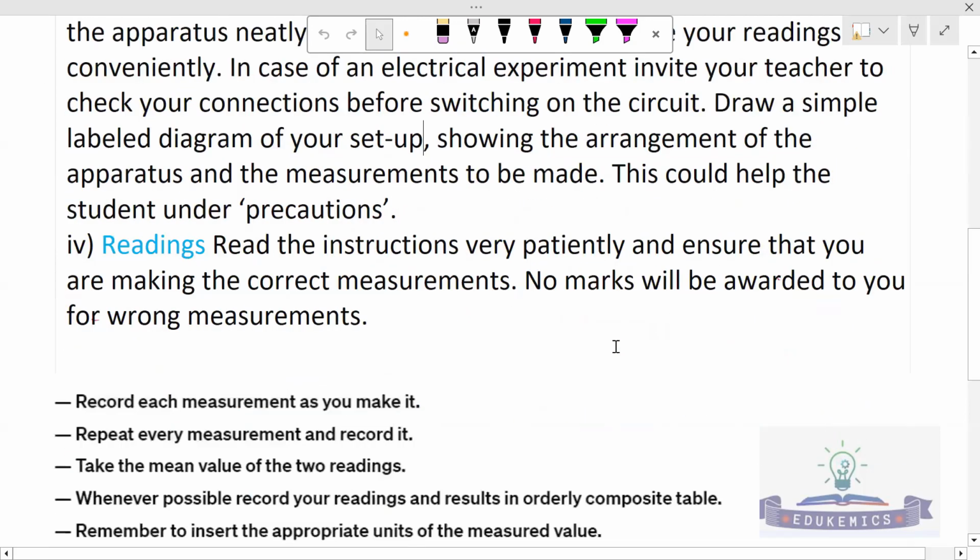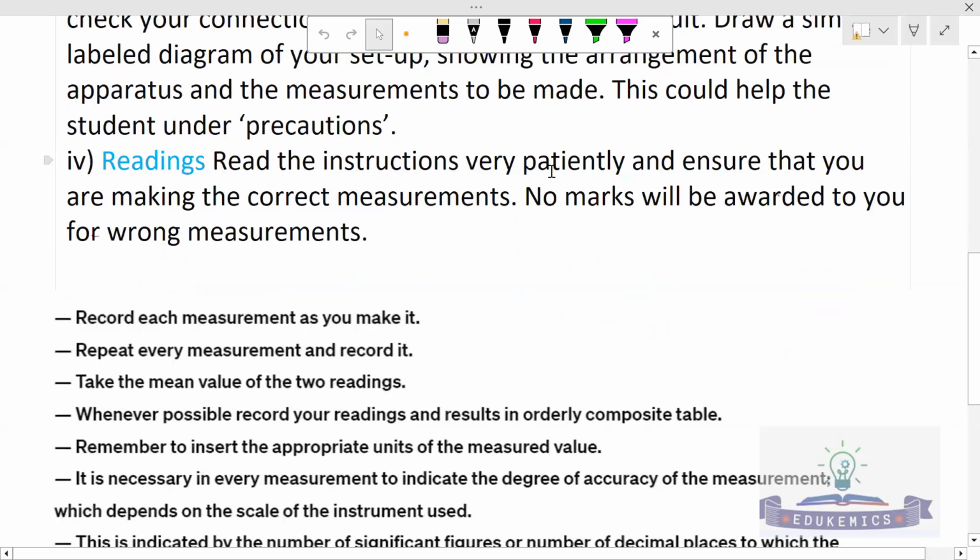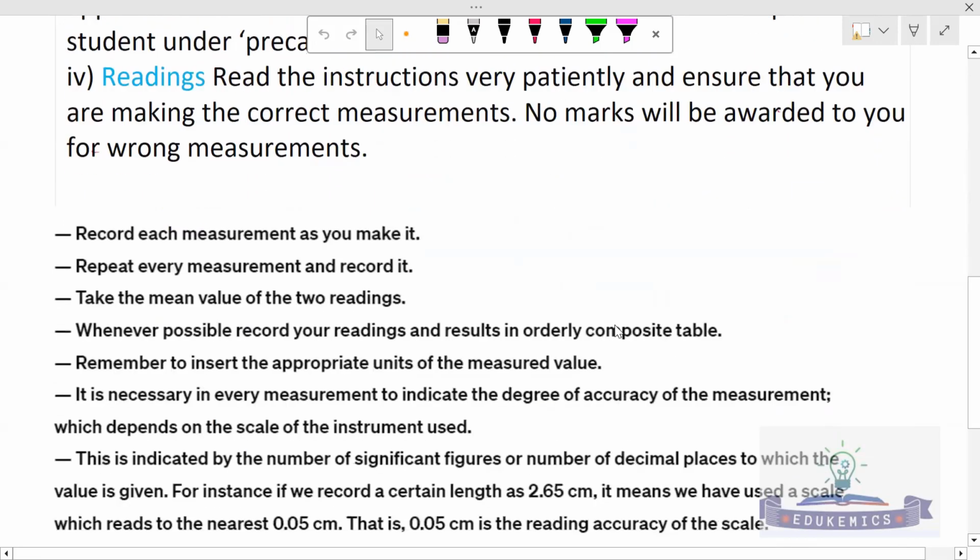So the readings, you read the instructions very carefully and ensure that you are making the correct measurement. Remember, no marks will be awarded to you for wrong measurement. And these are the steps when taking your readings. Record each measurement as you make it. Repeat every measurement and record it.